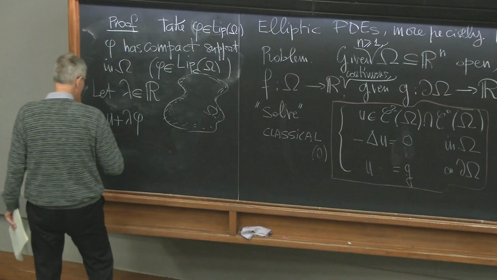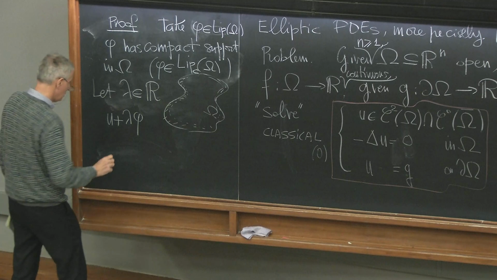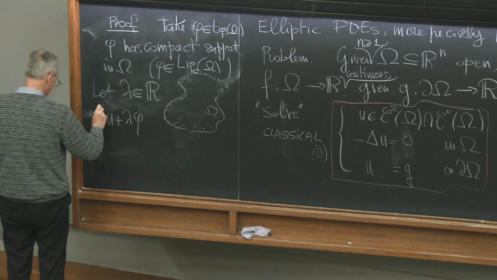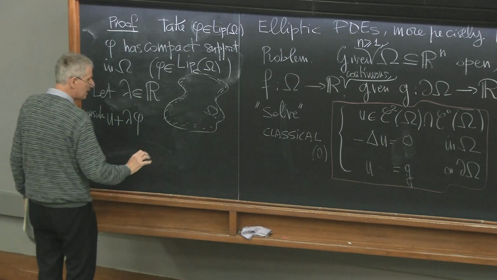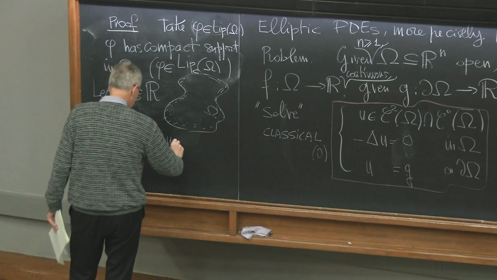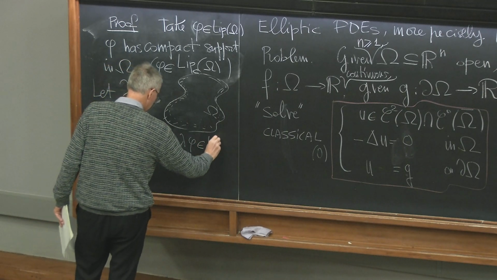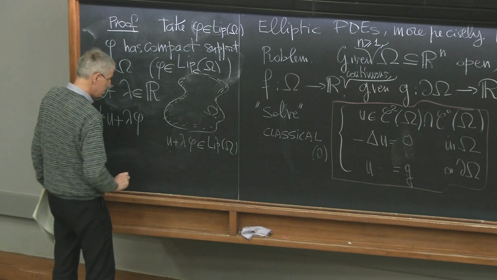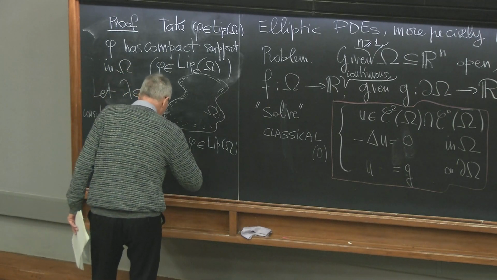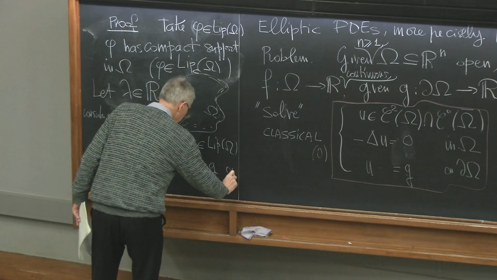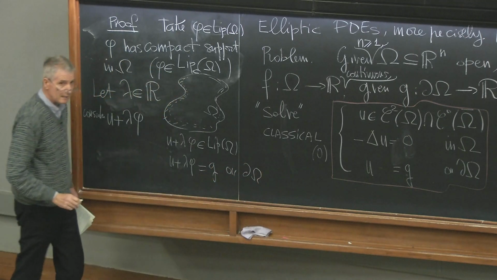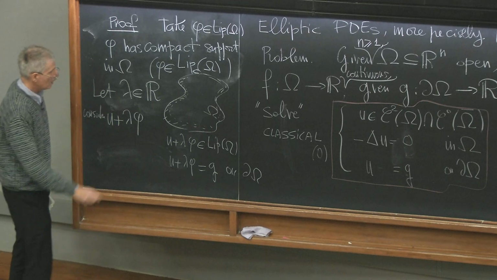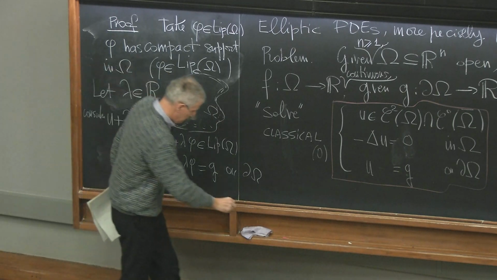So this u plus lambda phi is a so-called competitor, and it satisfies two properties. First, u plus lambda phi is Lipschitz, which is obvious because u is Lipschitz, phi is Lipschitz, and lambda is a number. But also, and this is fundamental, it is equal to g on the boundary of omega. Why is this so? Let me repeat: u is equal to g on the boundary and phi is 0, because of this c here.